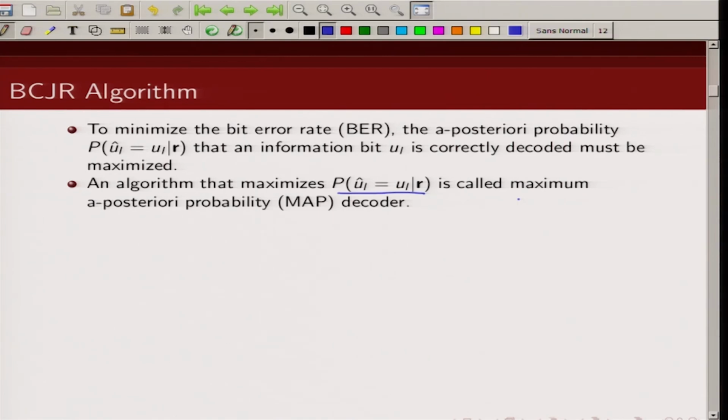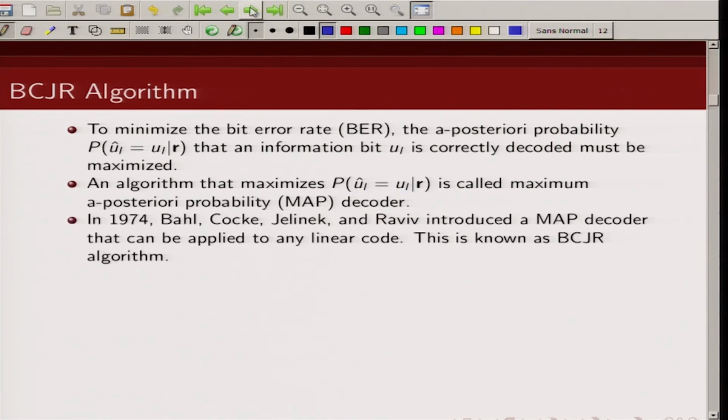This is also known as the BCJR algorithm, named after the researchers Bahl, Cocke, Jelinek and Raviv, who introduced it in 1974, and it can be applied to any linear code, block code or convolutional code.